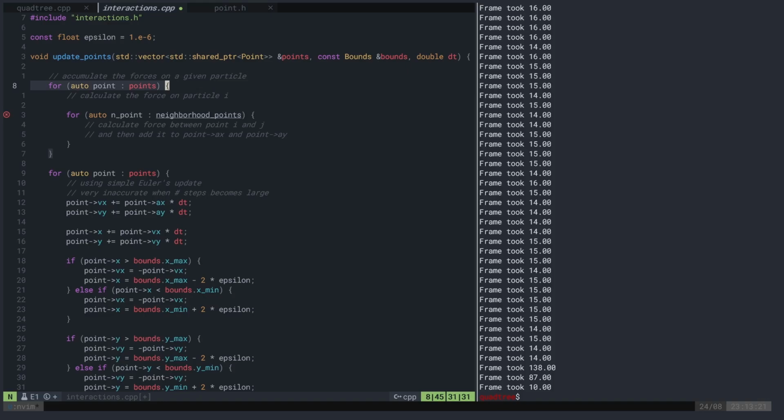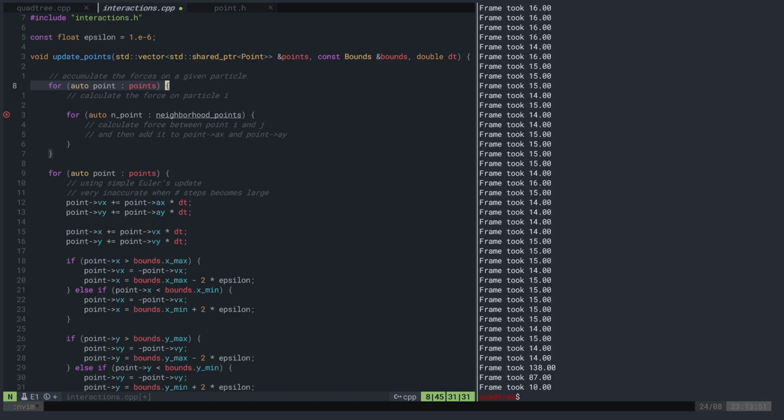So you're starting with particle 0, right? You calculate the force between particle 0 and particle 1, particle 0 and particle 2, particle 0 and 3, and so on and so forth. What happens next is that when you loop and switch over to particle 1, you're calculating the force between particle 1 and particle 0 all over again, which is wasteful because we've already done the force calculation between particle 0 and particle 1.